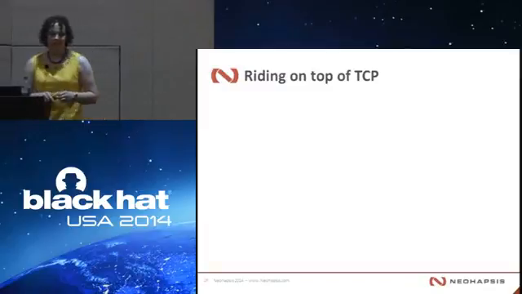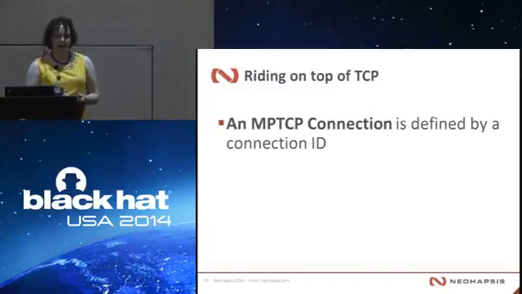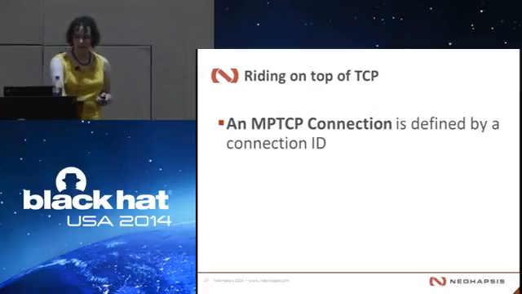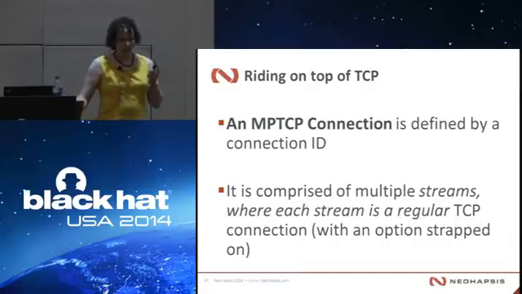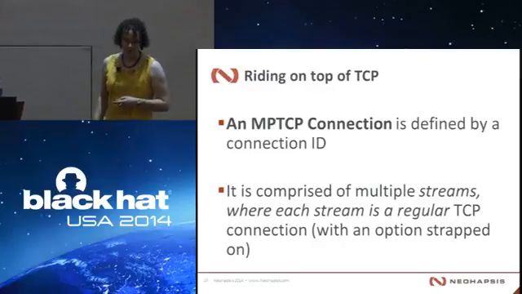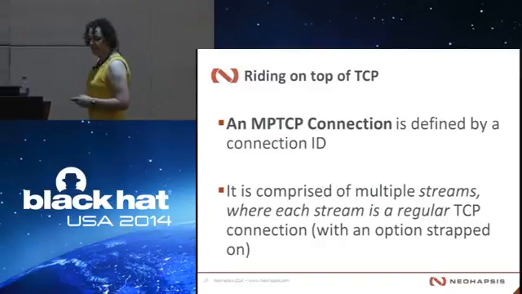And it rides on top of TCP, as I said earlier. A connection is defined by a connection ID. We'll get into the details of that a bit later. And a multipath stream is comprised of multiple TCP streams that are mapped together. Each of those has that option strapped on with the details needed to tie it together.